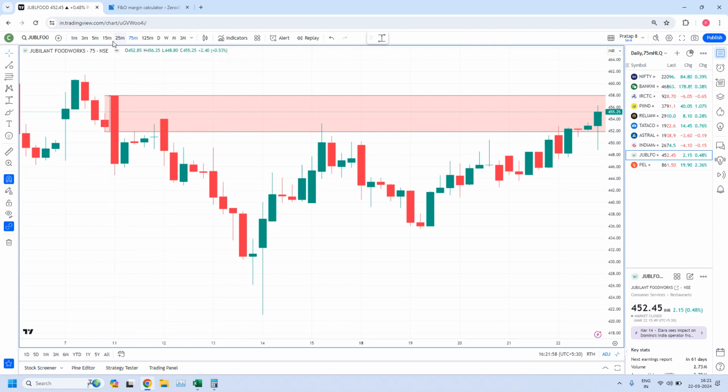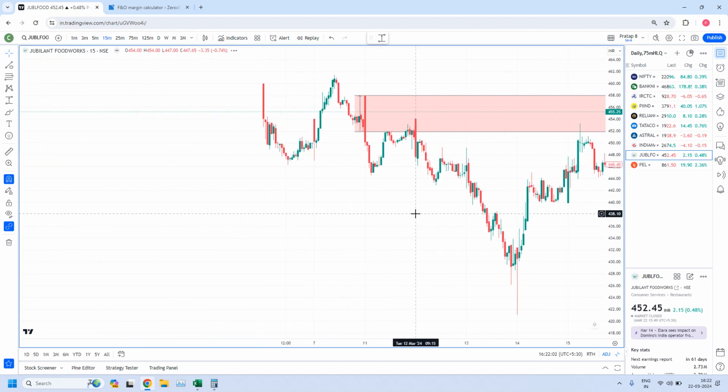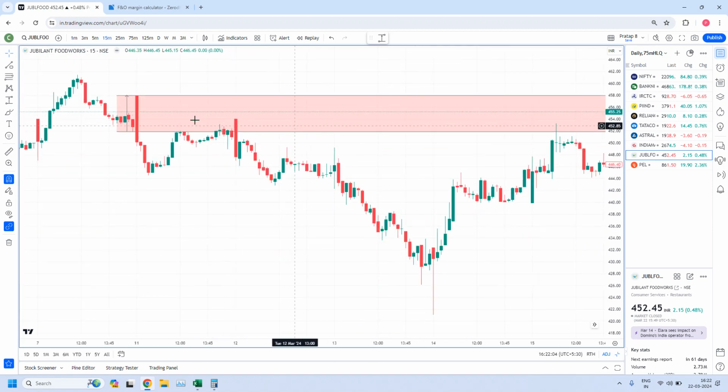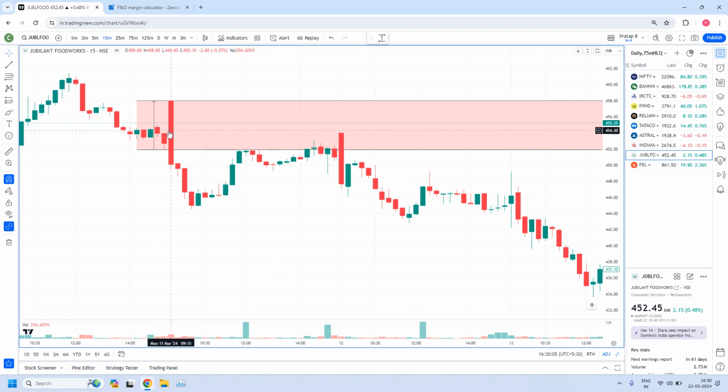But if you look into the 15 minutes time frame, if you want to fine tune, see the structures and all, risk is increasing. So if you draw the 15-minute zone, it increases the risk. Let me draw. The zone will be like this.